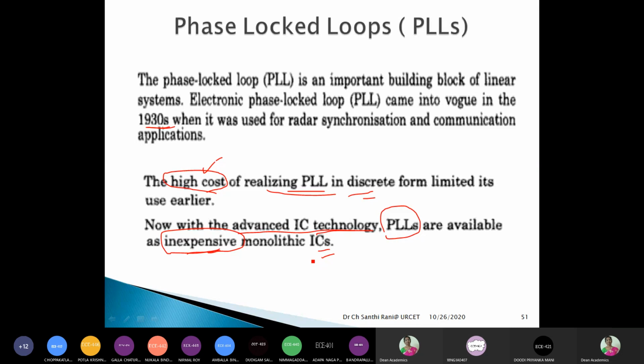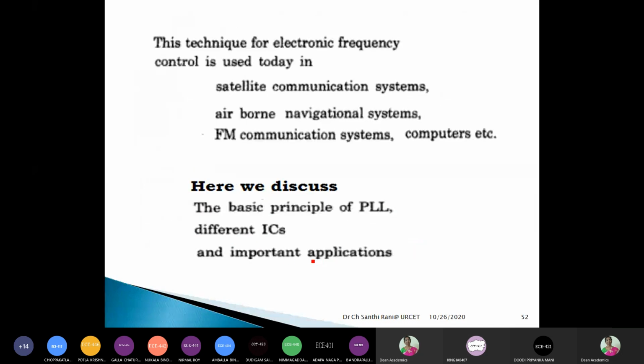So we are going to learn about the PLL, the phase locked loop. This is electronic frequency controlling. I'll show you the block diagram, and you will understand what this frequency controlling is. PLLs are used in satellite communication, airborne navigational systems, FM communication systems, computers, and so on.